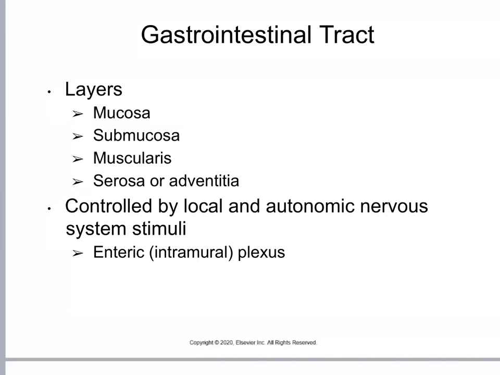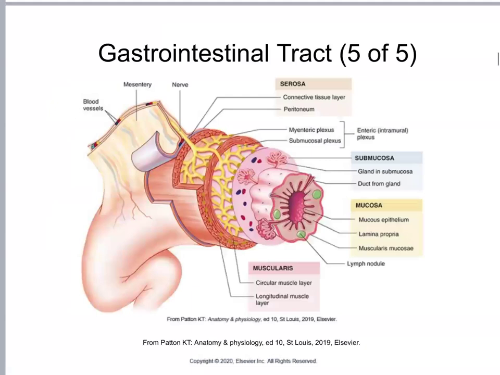The GI tract is controlled by the enteric nervous system, a nervous system that is contained within the GI tract, but also the autonomic nervous system. And here's a picture that displays that in picture form. So you can have a look at that.